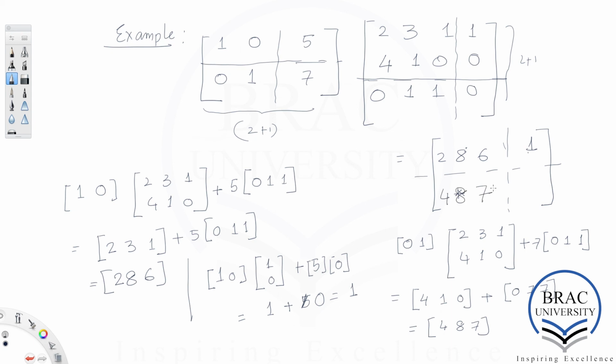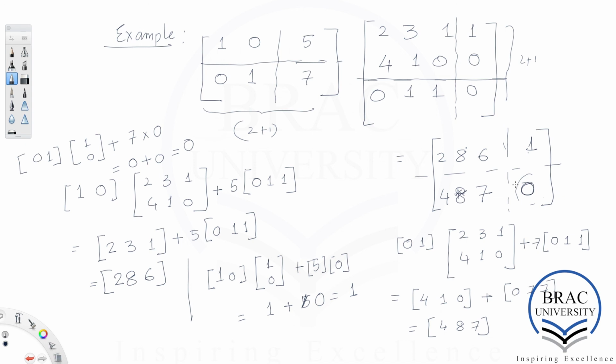Finally, for this block we are going to have 0, 1 getting multiplied with 1, 0 and 7 multiplied with 0. So we have 0 plus 0, which is 0. So 0 is here. So this way we check that we get the same result as we did before.